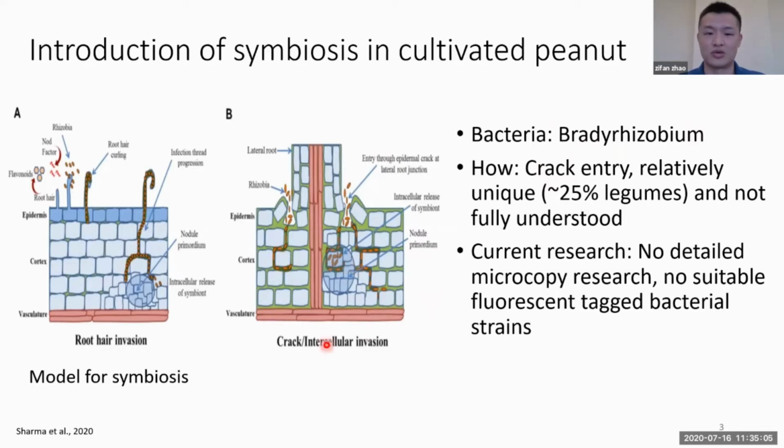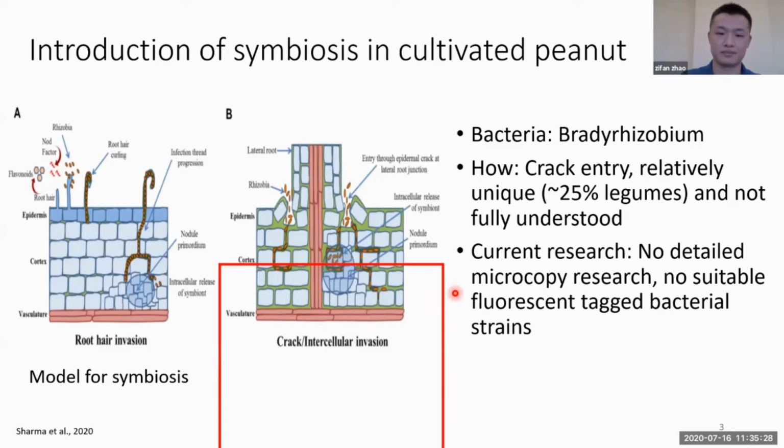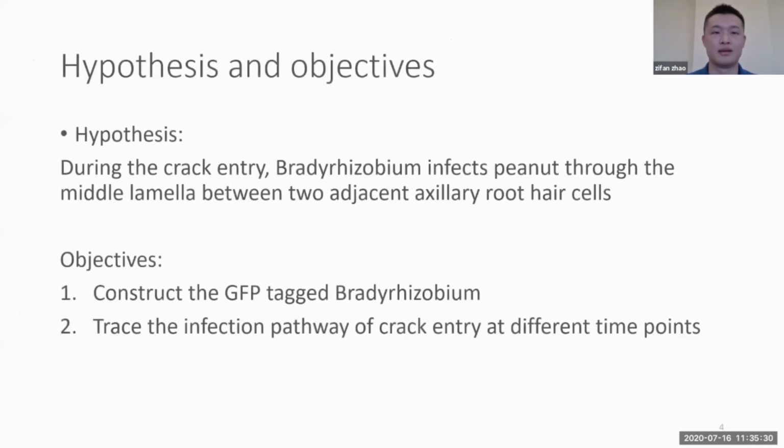The crack entry is unique because it only happens in 25% of legumes and is not fully understood. For the current research, we are lacking detailed microscopic evidence to show how this process works, and we are also lacking a fluorescent-tagged bacterial strain to study this interaction.